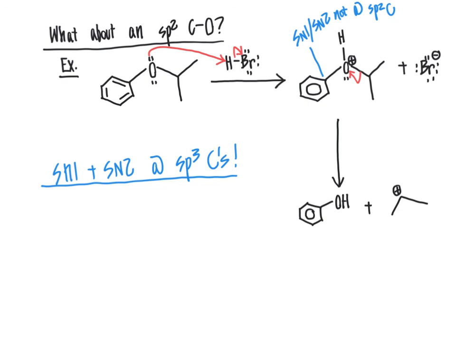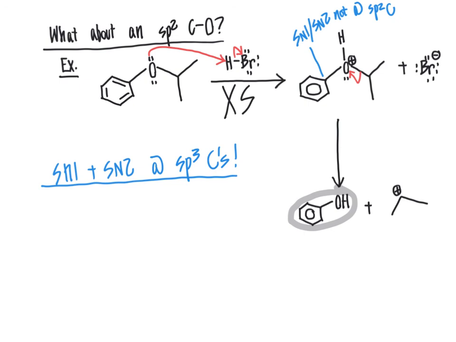And then phenol at that point is done reacting. It doesn't matter how much of an excess there is of HBr. The phenol could pick up a proton here, but that carbon-oxygen bond is not going to break to get a carbocation and nucleophilic substitution because it's an sp2 carbon, not an sp3 carbon. So we could go ahead and circle that as being a final product of this reaction, no matter how much of an excess of HBr there is.